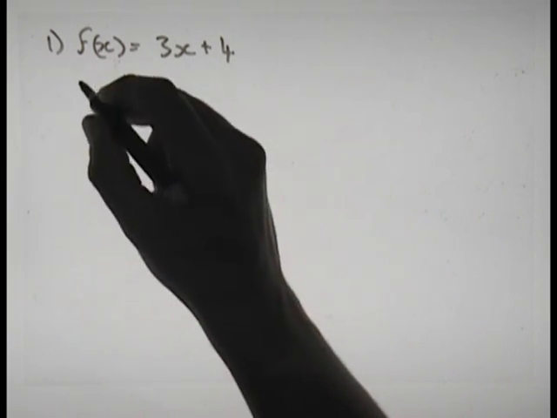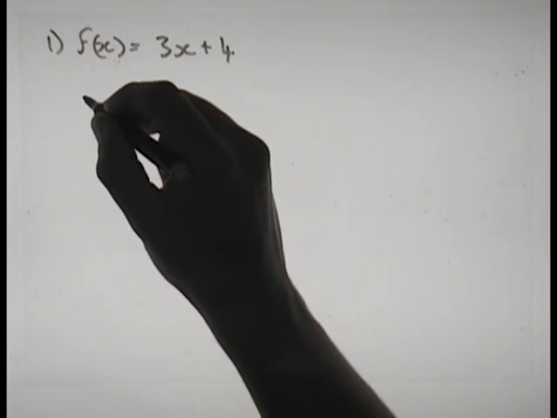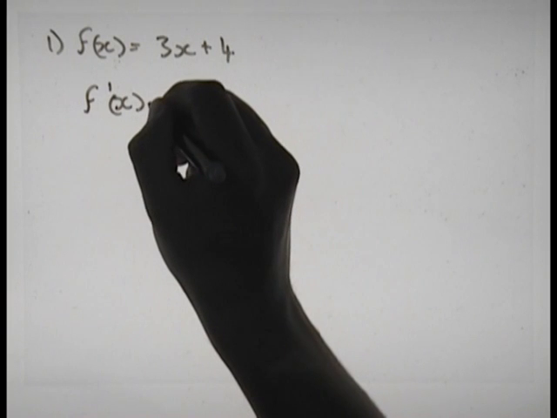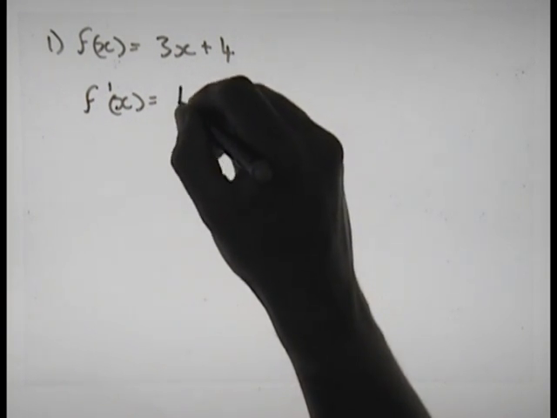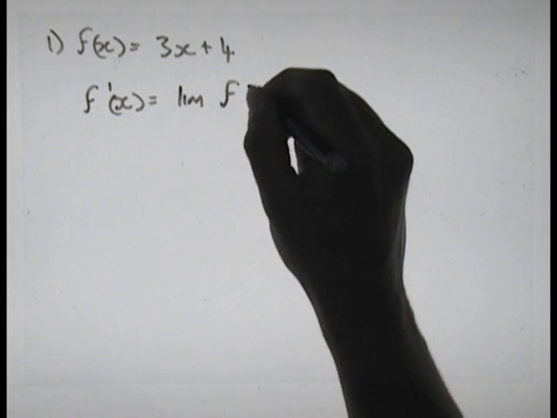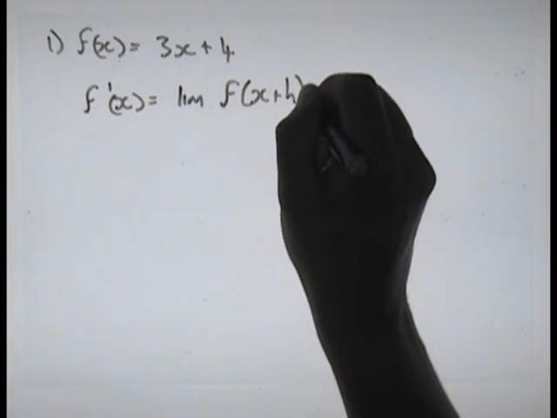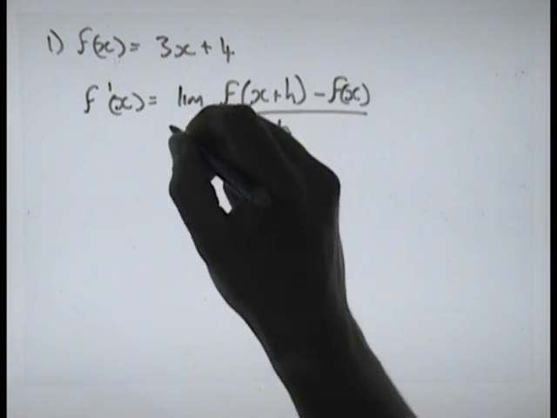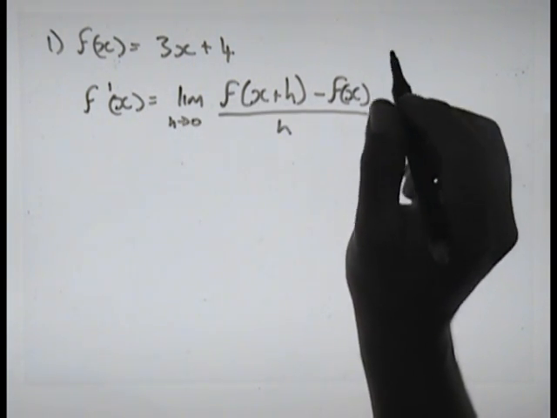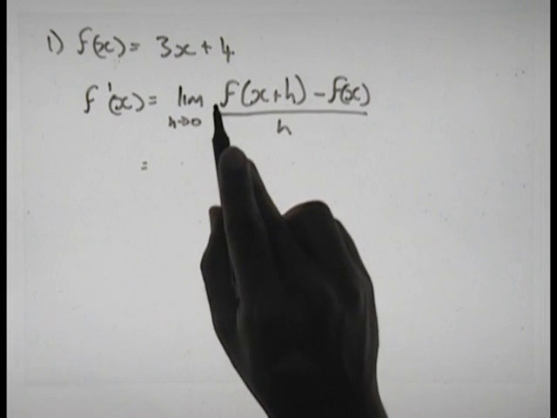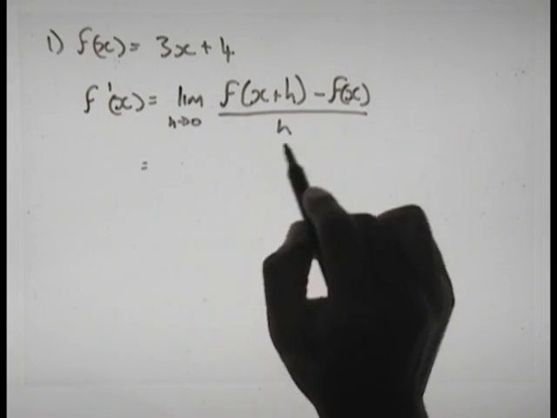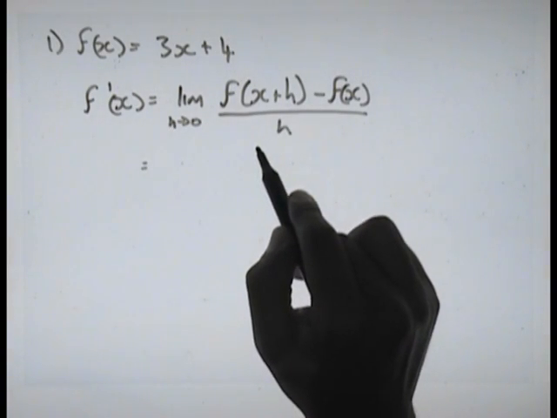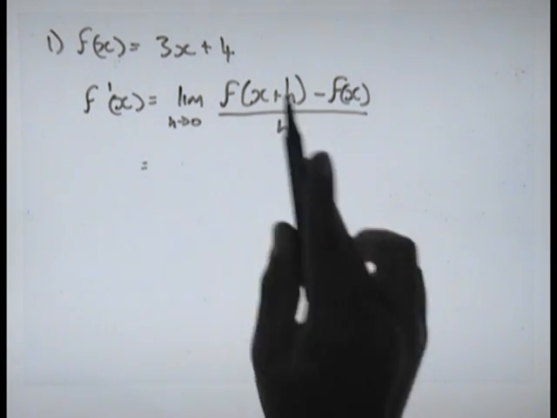Using first principles, we can say that the gradient or the differential f dash x is equal to the limit of f of x plus h minus f of x over h as h tends to 0. All this means is that we are looking for the limit, or the end amount, that this will equal when h approaches 0. You'll see what this means not so much in this example but in number 2.